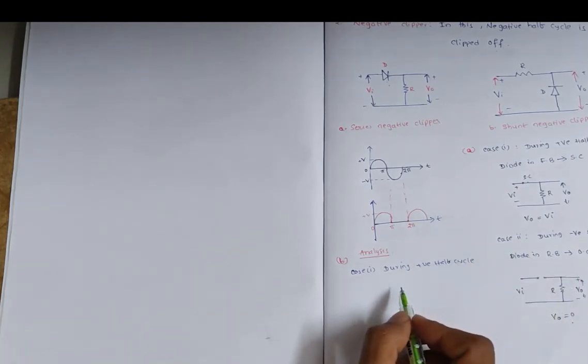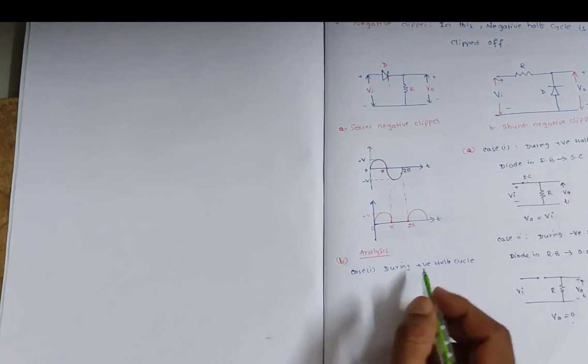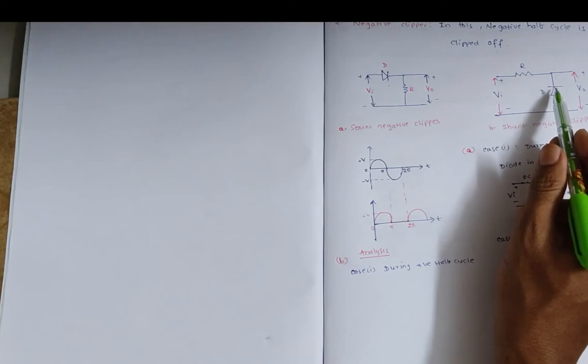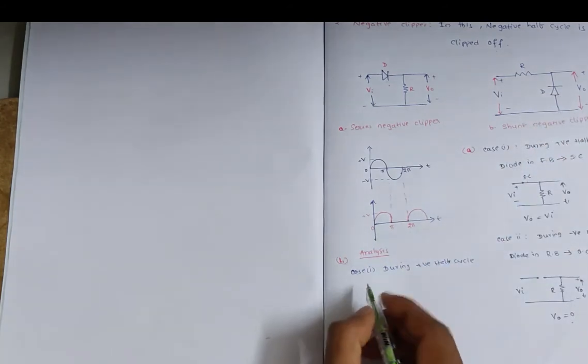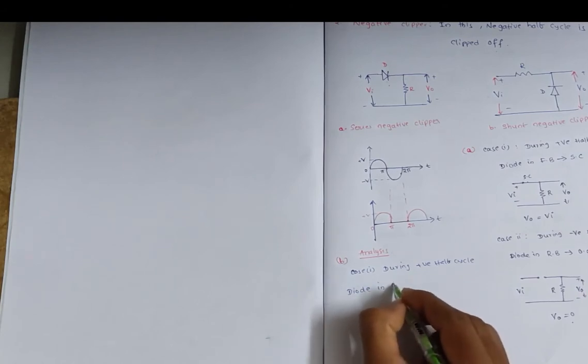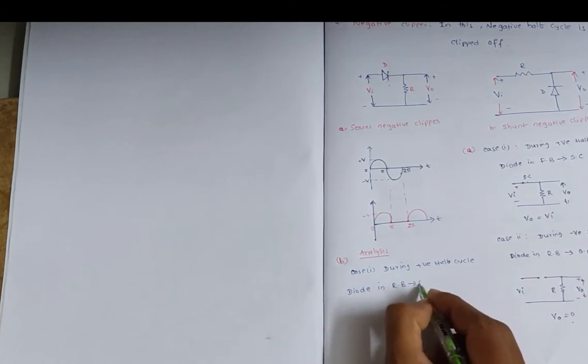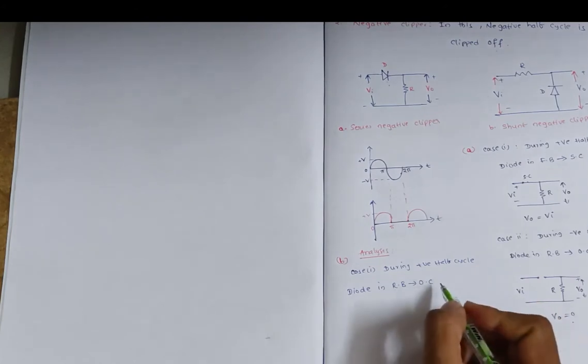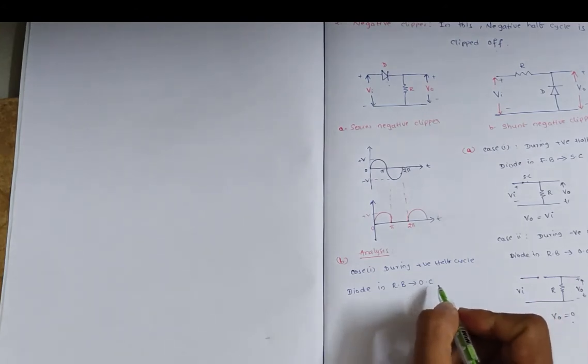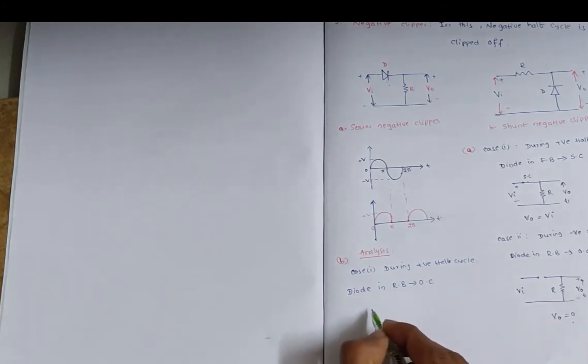When we apply the positive off cycle to the diode cathode terminal, the diode becomes reverse biased. The diode in reverse bias acts as an open circuit. Now we can draw the equivalent circuit like this.